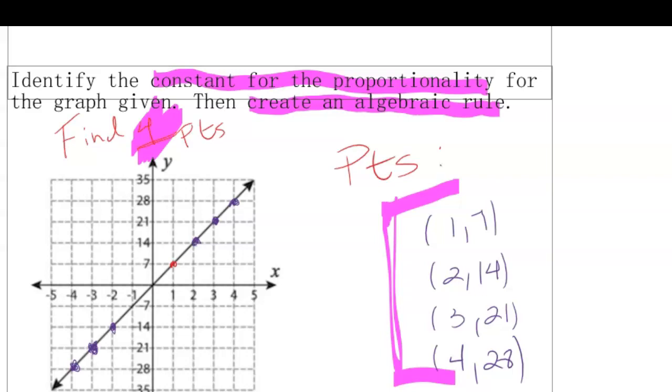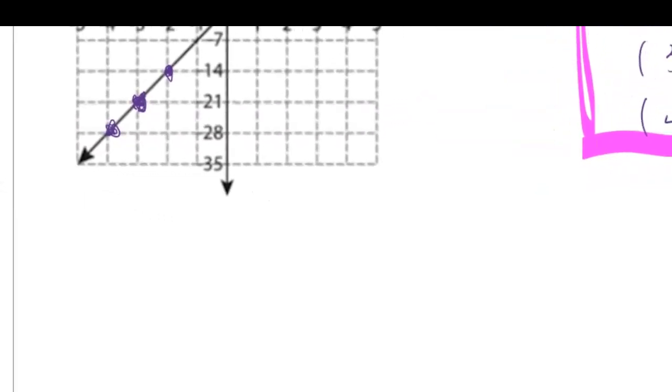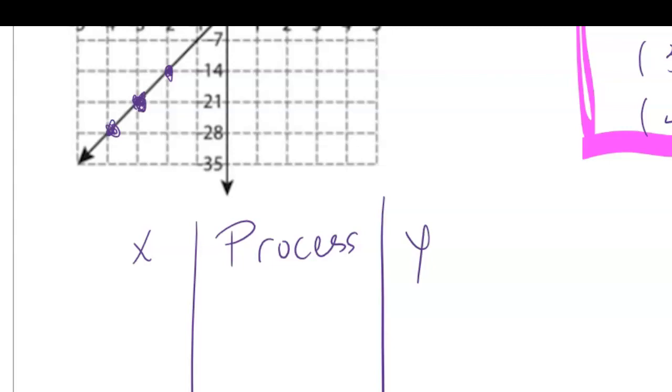In some cases, you might be able to figure it out off the top of your head, which is okay. But for this sake, I want you to be able to work using tables. So again, write your x, your process, and then your y. Please write those in, and then we'll come back.